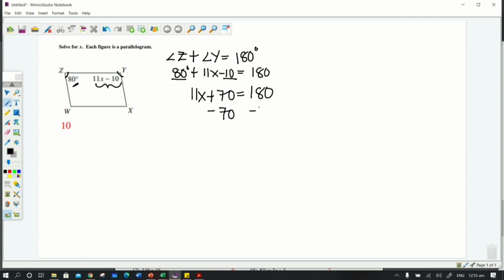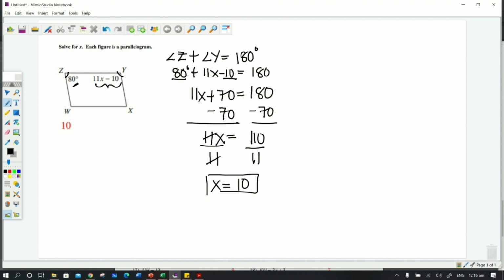So we have now 11x is equal to 180 minus 70, that is equal to 110. Divide both sides by 11. Then the value of x here is equal to 10. That is why the answer we have here is 10.